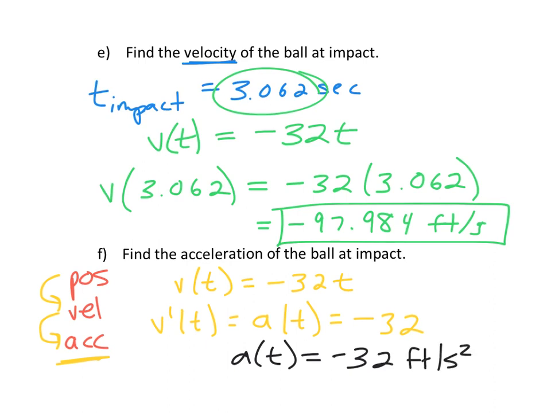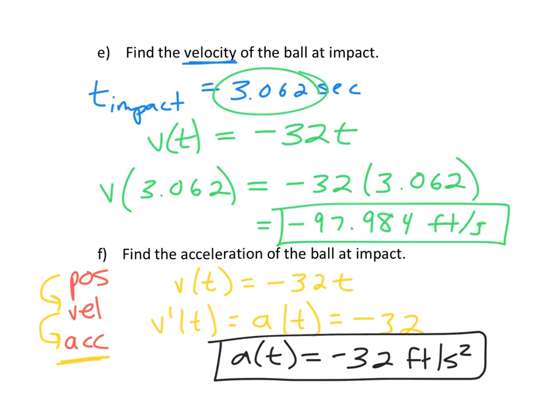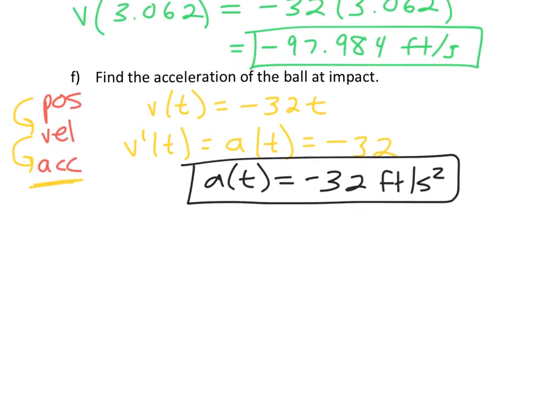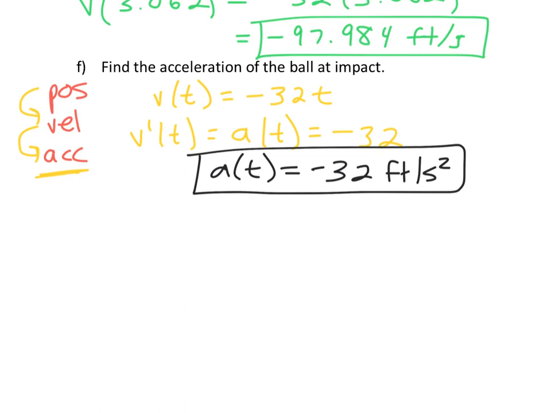Now notice, it doesn't matter what time I'm plugging in, so at impact was 3.062 seconds, but I can't plug in that t value because I do not end up with a t in my acceleration problem. That is because negative 32 feet per second squared is actually something very important, and that is acceleration due to gravity.